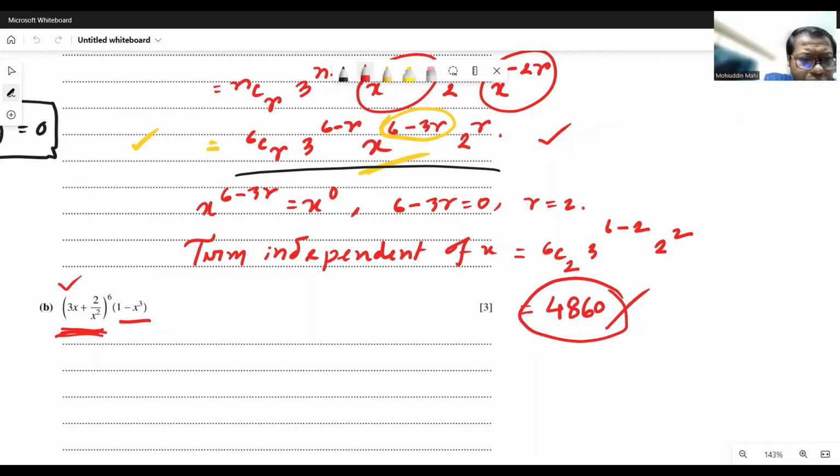Now let's write down the general term here, the general term of the expansion of the first expression. So 6Cr 3 to the power 6 minus r, x to the power 6 minus 3r, and 2 to the power r.